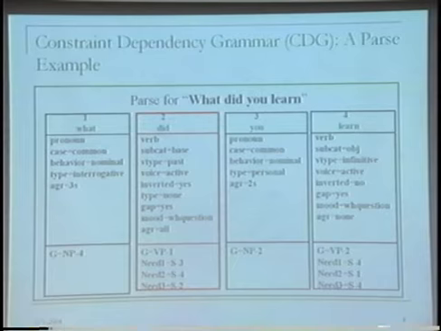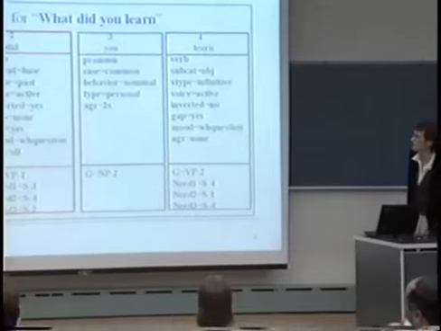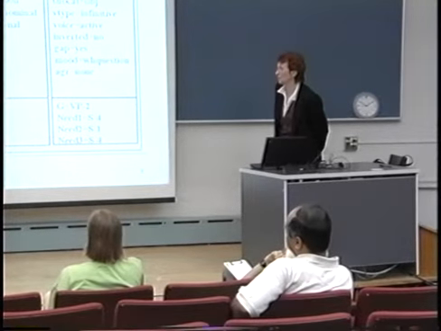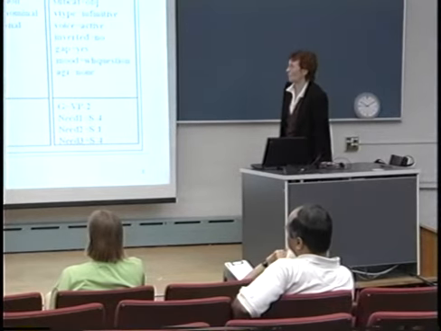Its verb type is past, so it's past form. Its voice is active. It's inverted, so the subject is not where you would expect it to be; rather than being to the left, it's to the right, and so on. All of these things tell you a lot about the environment where that word occurs. And it has a gap in it because the object is fronted in the WH case, and its mood is WH question. All past tense verbs agree with everything, and so its agreement feature is all.